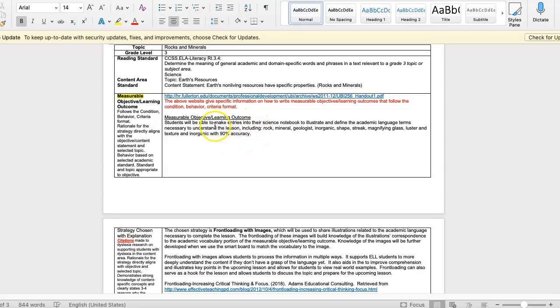Here is my measurable part. It's 90% accuracy. I'm saying what the students will be able to do. It must follow the condition, behavior, criteria, format.